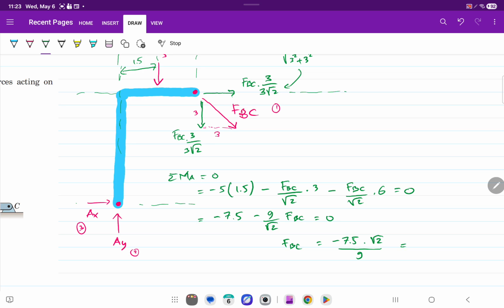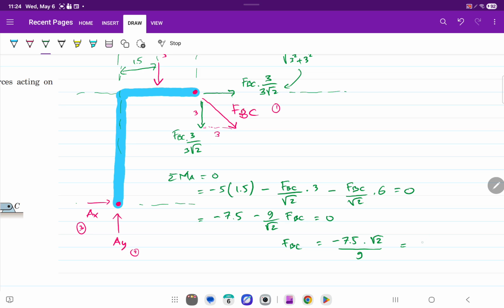And then your FBC will be, I'm not sure, let's calculate with the calculator. Square root of 2 times 7.5 divided by 9. Am I right? I hope so.